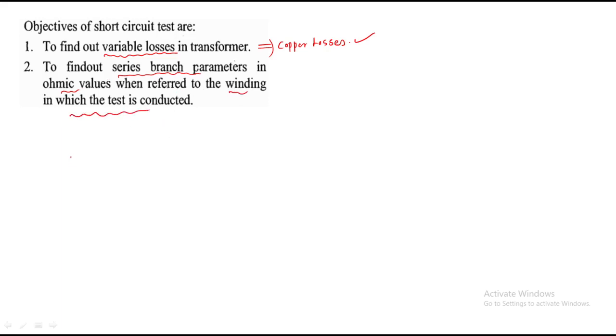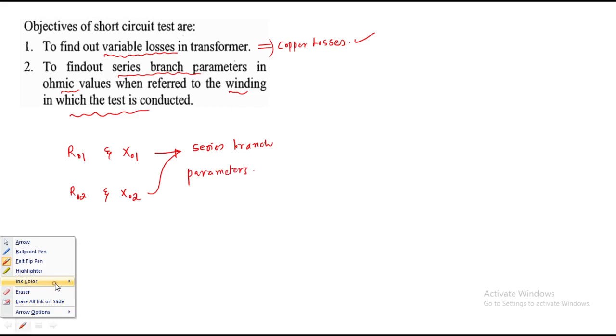That is, we have to calculate R01 and X01, and R02 and X02. These are the series branch parameters.